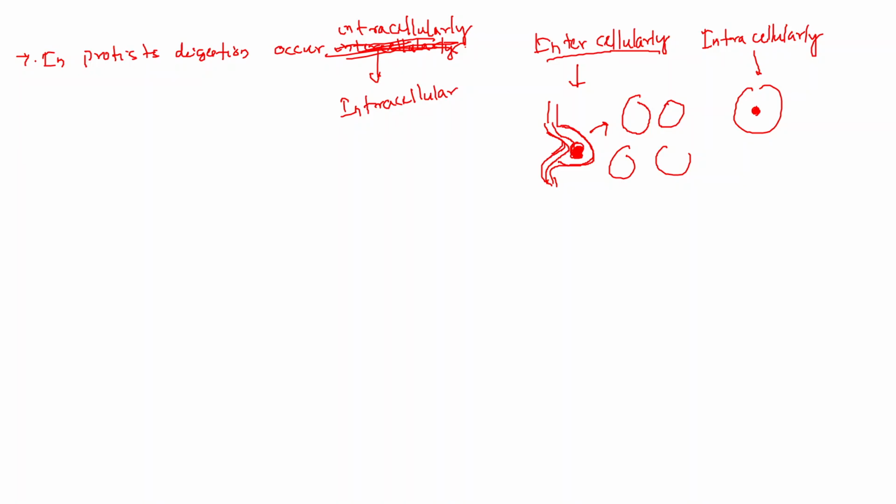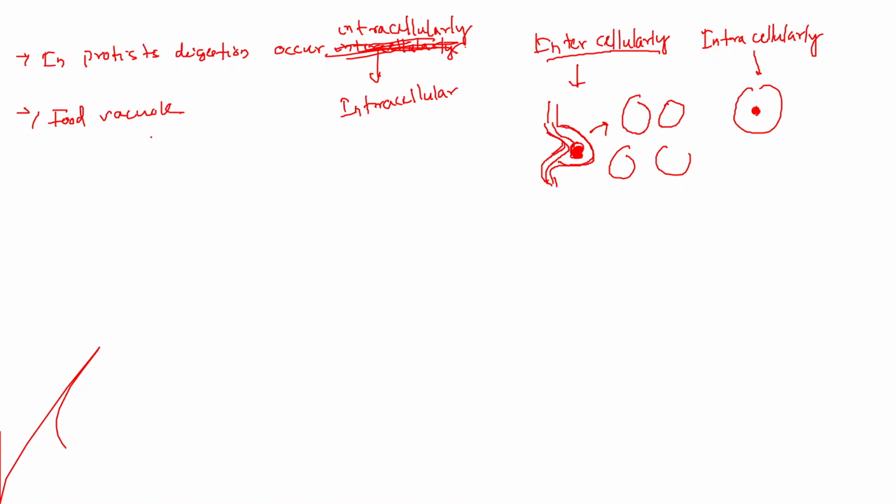Then the next point is that the food vacuole is a membrane-bound organelle found in protists like amoeba and paramecium, in some fungi and in some animals, acting as an intracellular stomach for digestion.